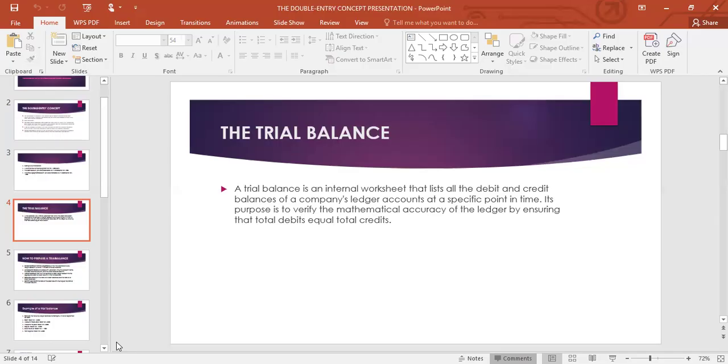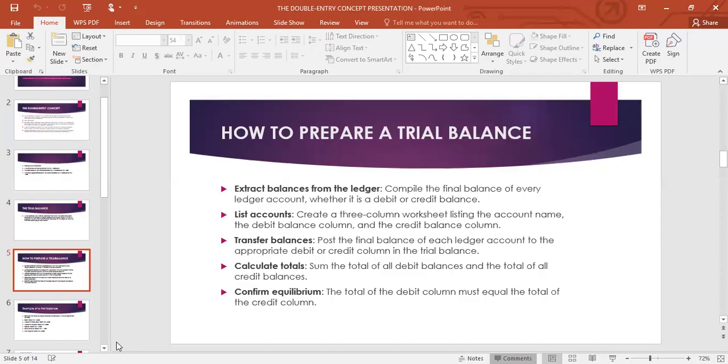So a trial balance ensures that there is mathematical accuracy of the ledger by ensuring that the total debits equal the total credits. So if this can't balance, then there must be a problem, an error that you've made. Are we together? Yes. Tuko pamoja? Yes.